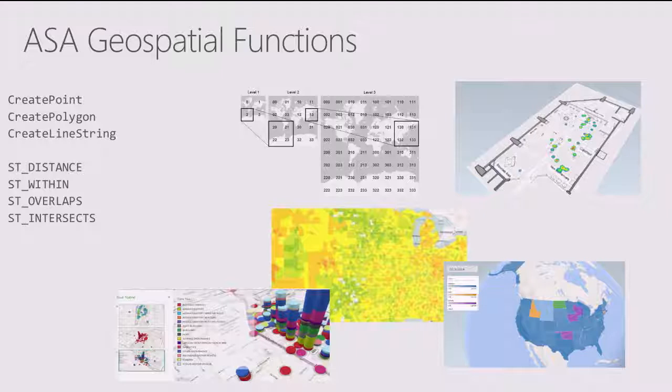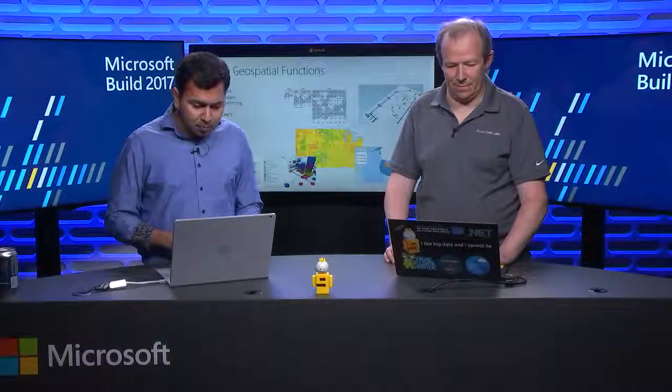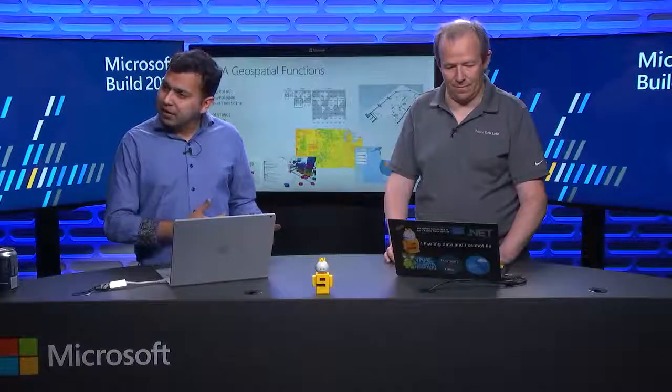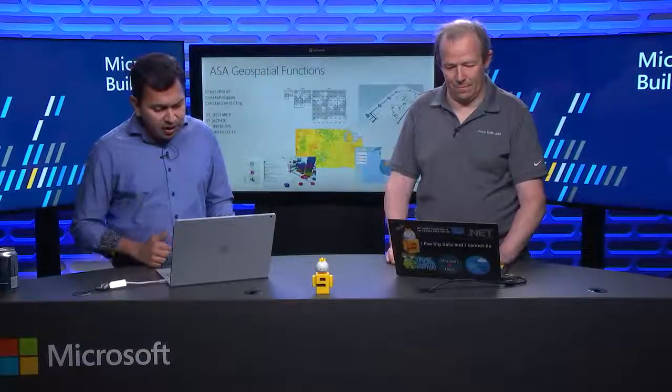So we have functions that are very similar to functions that you might be acquainted with in SQL Server in terms of being able to identify points, polygons, line strings, to be able to ask questions such as what is the distance between 2 points, or to check if a point is within a polygon, or if a polygon is within another polygon, or to see if areas overlap, or if lines intersect.